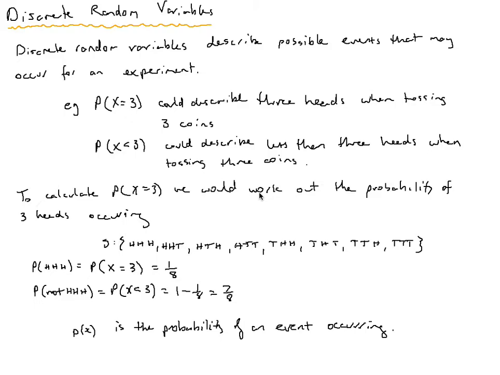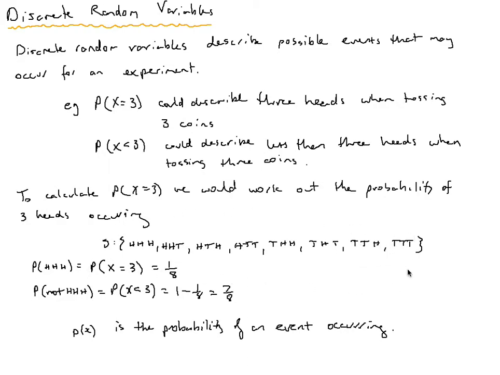Now to calculate the probability that we get 3 heads, e.g. P(X = 3), we'd work out the probability of 3 heads occurring. So underneath here I've listed the sample space for tossing a coin. If I toss 3 coins, I could get 3 heads, I could get 2 heads and a tail, I could get a head, a tail and a head, and 2 tails, a tail and 2 heads, a tail, then a head, then a tail, or 2 tails, then a head, or 3 tails.